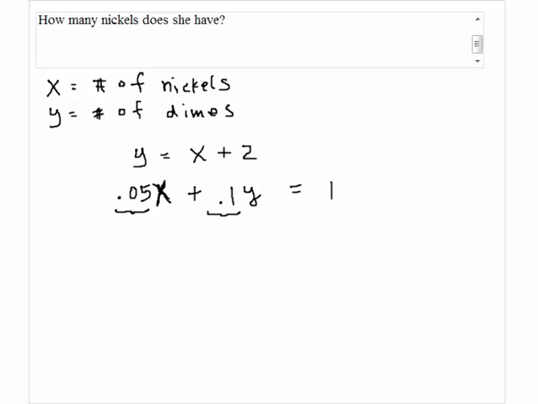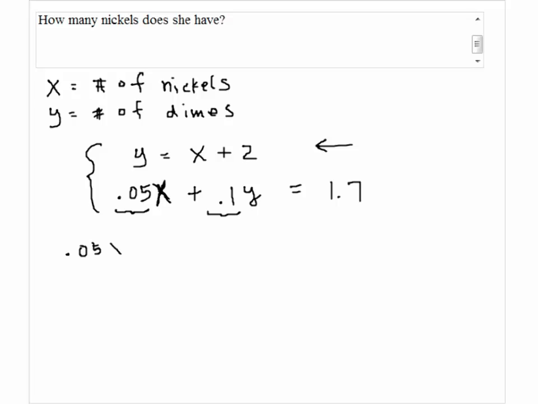And the total value she has is $1.70. Now we're going to solve the system of equations. Since the top equation is already solved for y, we are going to use the substitution method.